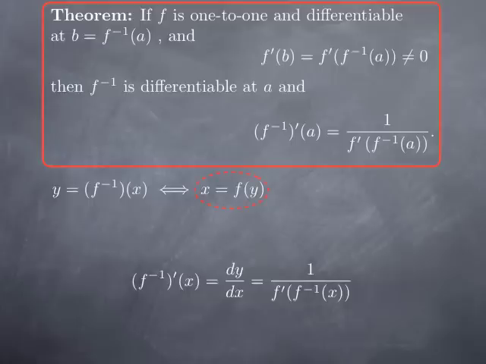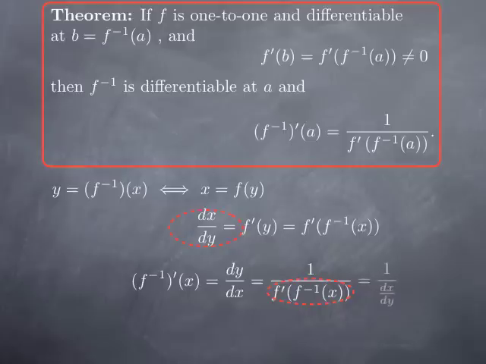And you see that now x is a function of y, and namely it is f of y. So I can differentiate x with respect to y. That's the rate of change of x with respect to y, dx over dy. That's f prime of y. But y here is f inverse of x. So that means we obtain that dx over dy is f prime of f inverse of x, which is exactly what we have at the denominator here.